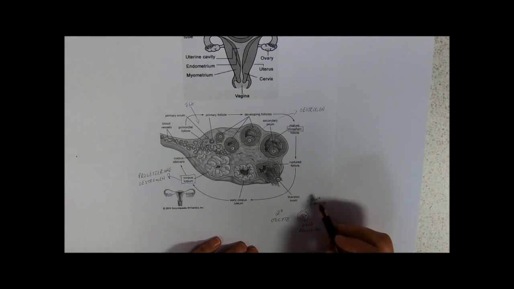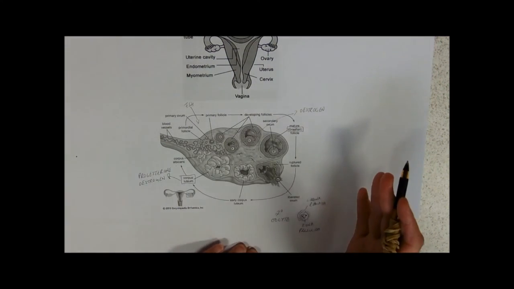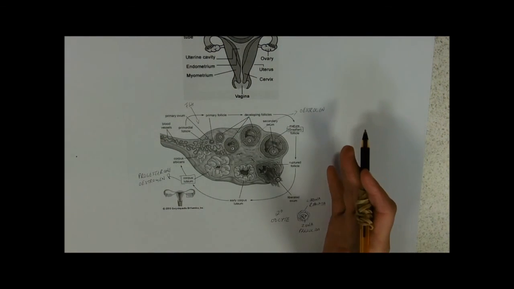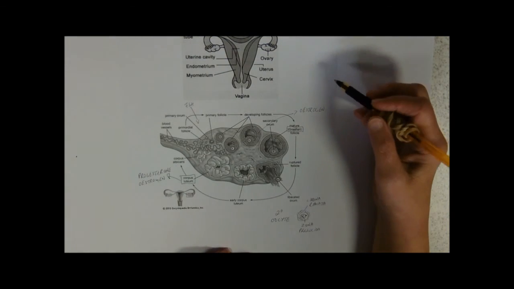Obviously, if nothing happens to the secondary oocyte, then this corpus luteum degenerates quite quickly into a corpus albicans, so that takes about 14 days effectively from ovulation to the disappearance of the corpus luteum.